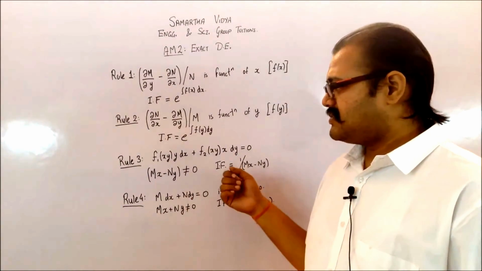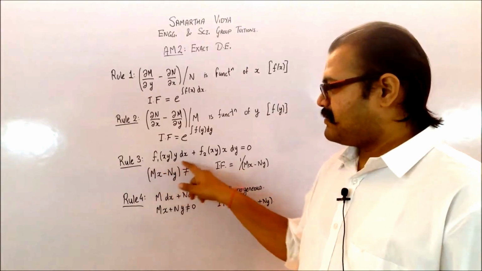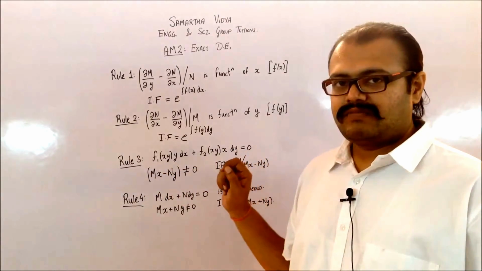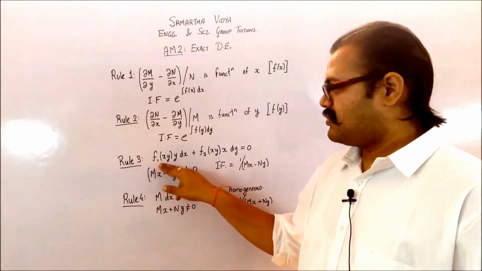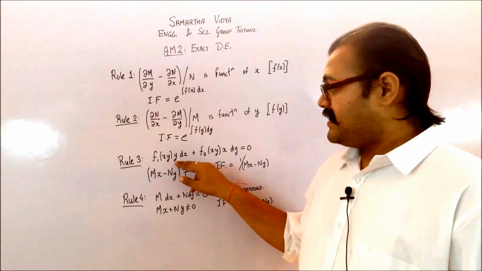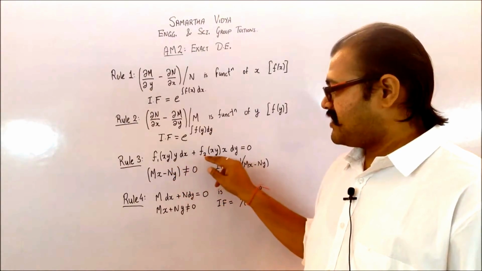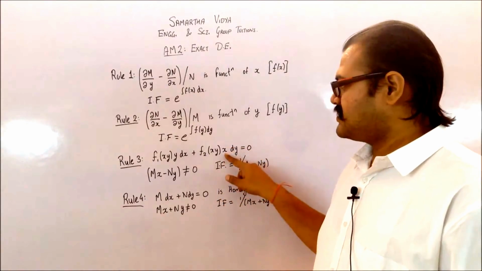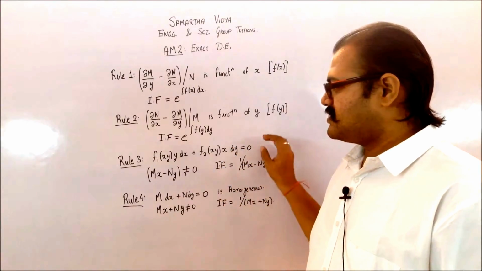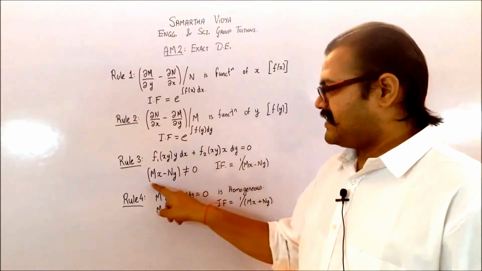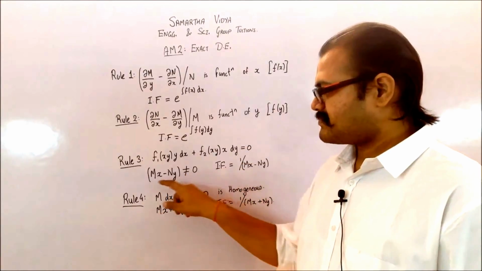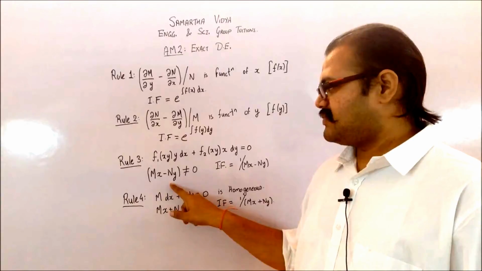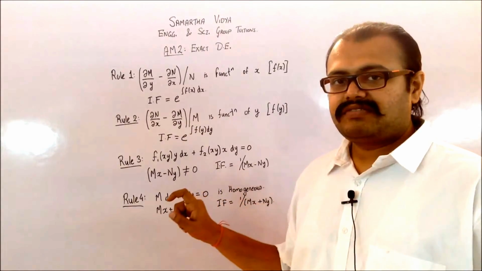Coming to the third rule, if I have my differential equation in this form, that is, some function of xy into y, plus some other function of xy into x, equal to 0, then we find the term Mx minus Ny, which should not be equal to 0.